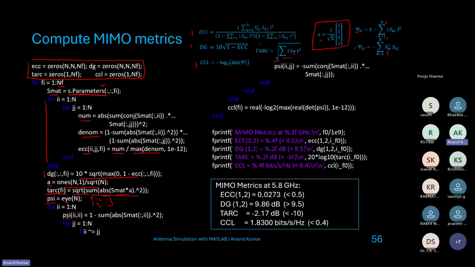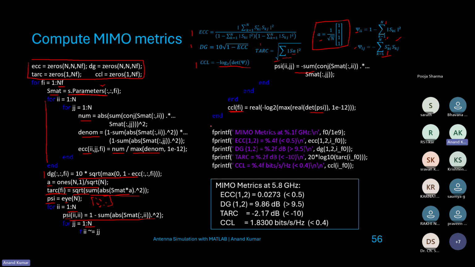So we run this loop from 1 to n and 1 to n. We calculate the psi values for both the cases, ii and ij. And then we can calculate the CCL by just taking a log of the determinant of psi.